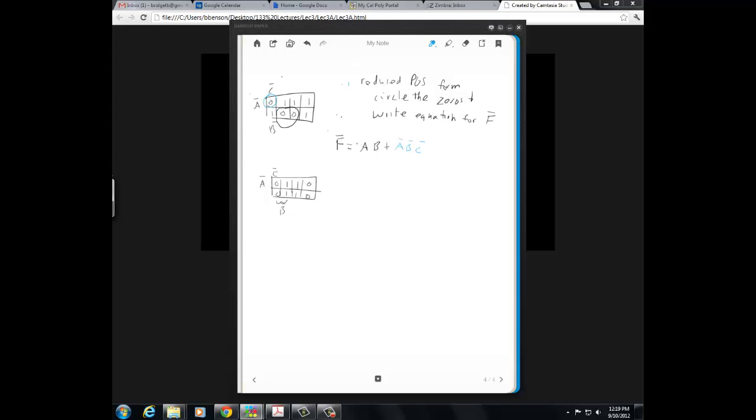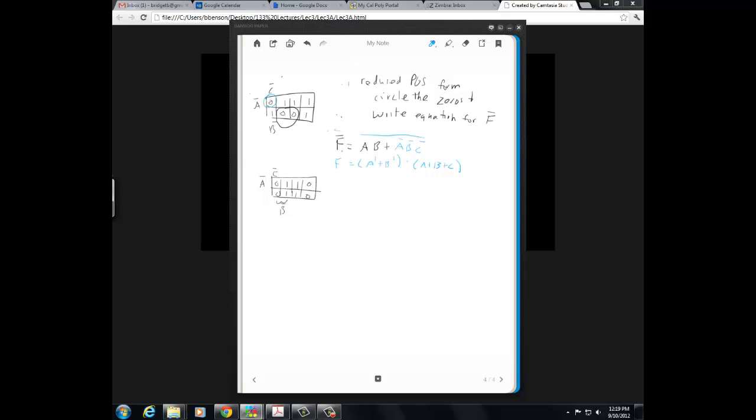So we wrote our equation for F naught. To get POS, we do De Morgan's, and we end up with F equals A naught or B naught, ended with A or B or C.